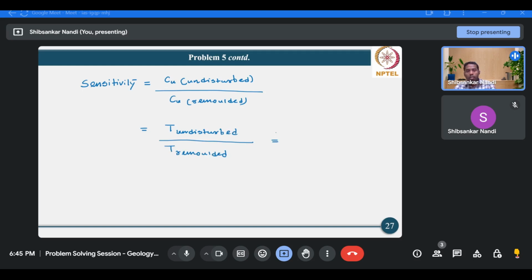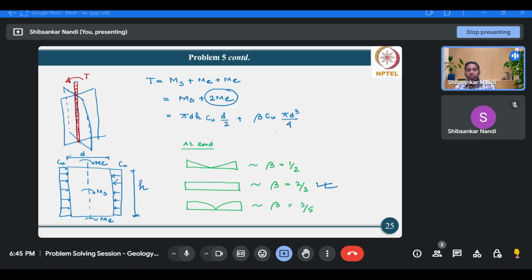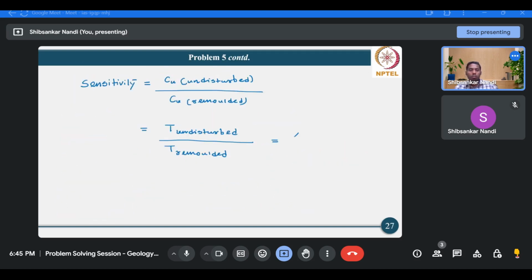The torque undisturbed was 45, remolded 17, so 45 by 17, and it is 2.65.